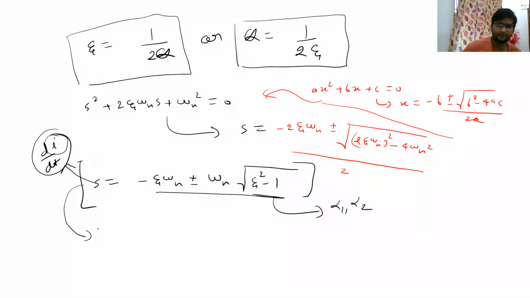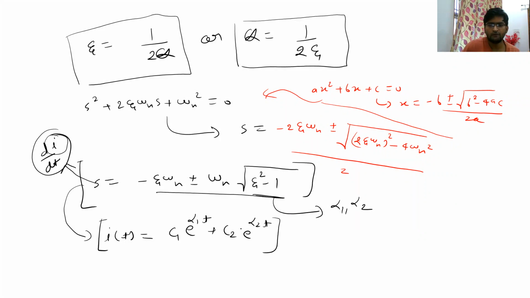So I(t) will come out to be C1 e to the power alpha 1 t plus C2 e to the power alpha 2 t, where C1 and C2 are constants. Some of you must be remembering it. So if the roots are real and different, the solution of this differential equation is going to be purely exponential.